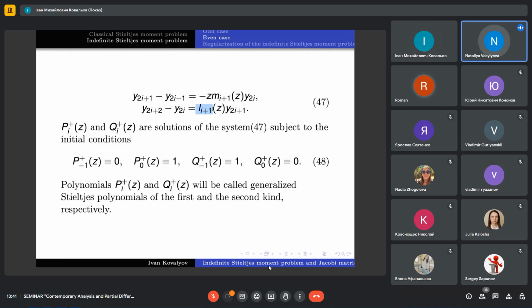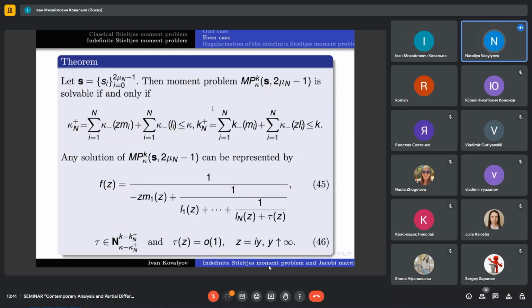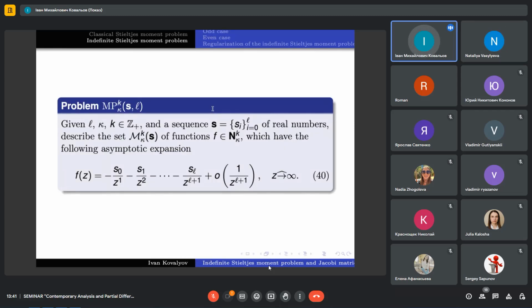I mean M_{g+1}, L_{g+1} is generated with function f, yes? Yes, sure. And for function f, you assume a representation. But what is the asymptotic behavior of function f if z tends to infinity? We have this asymptotic behavior, but L is 2n_j minus 2 or 2n_j plus or minus 1, so we can consider the even case or the odd case.